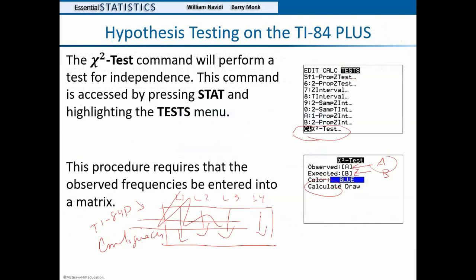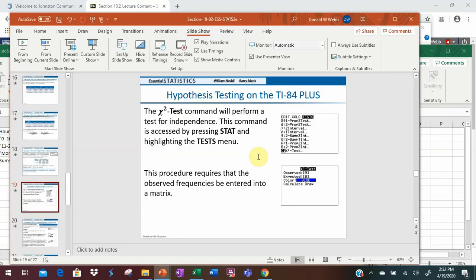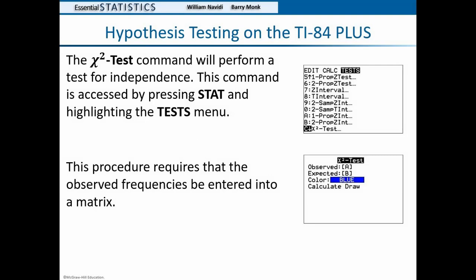Okay. So if we were going to perform the hypothesis test for independence on the TI-84, we would go down here, select the chi-square test. You see this observed and expected.